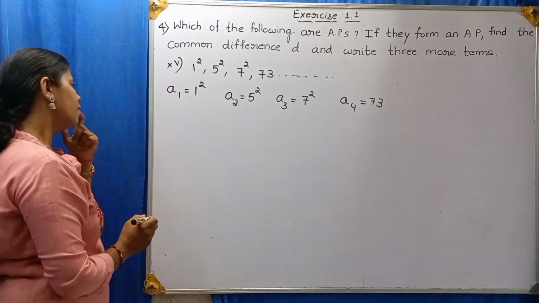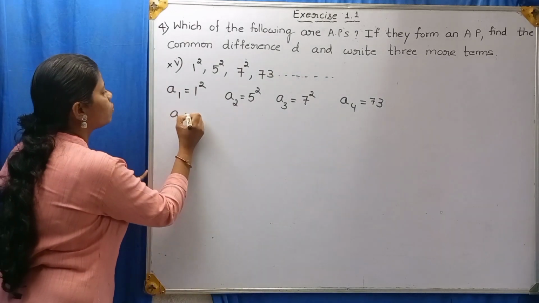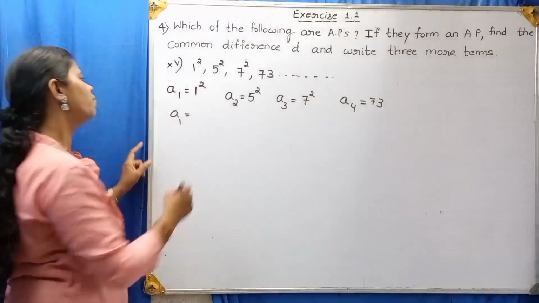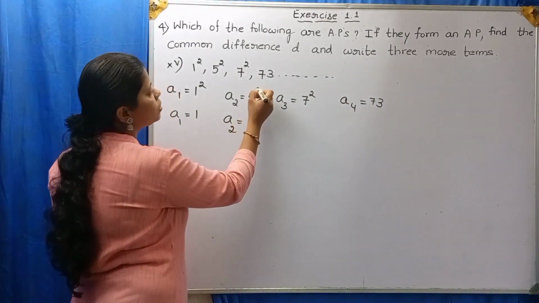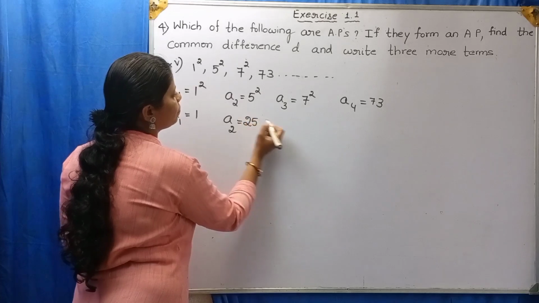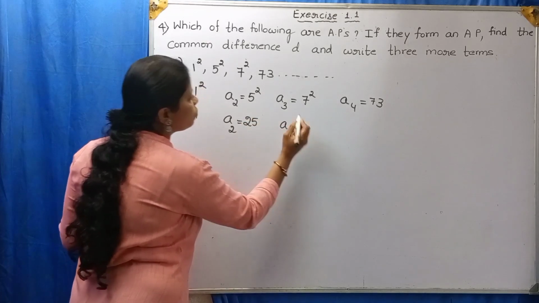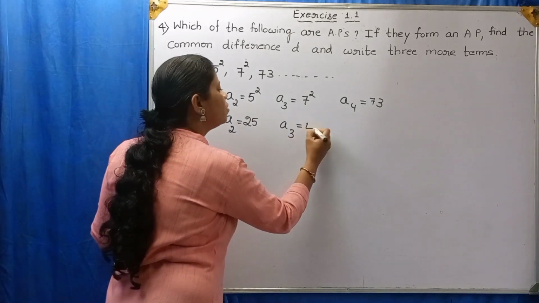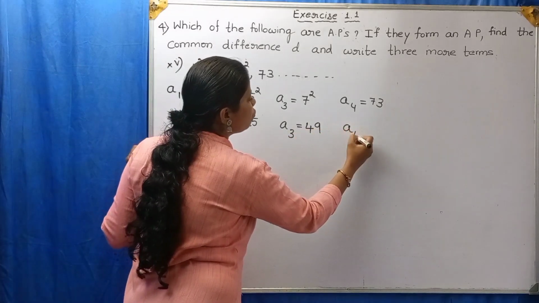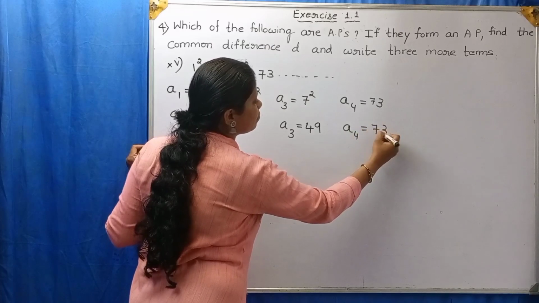A1 is equal to 1 square, which is 1. A2 is equal to 5 square, which is 25. A3 is equal to 7 square, which is 49. A4 is equal to 73.